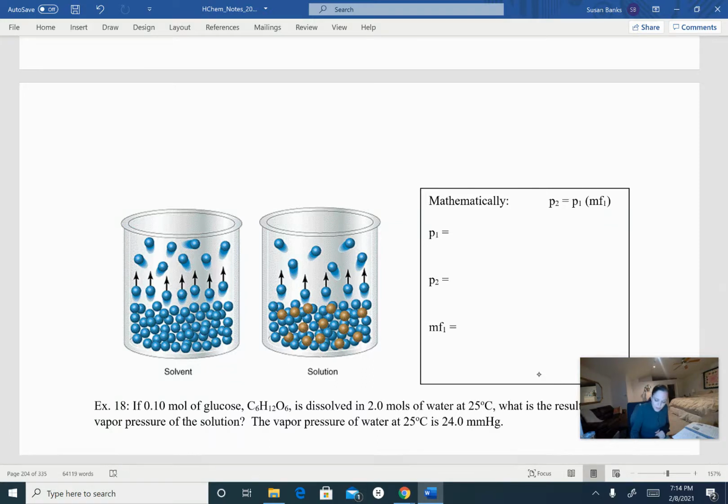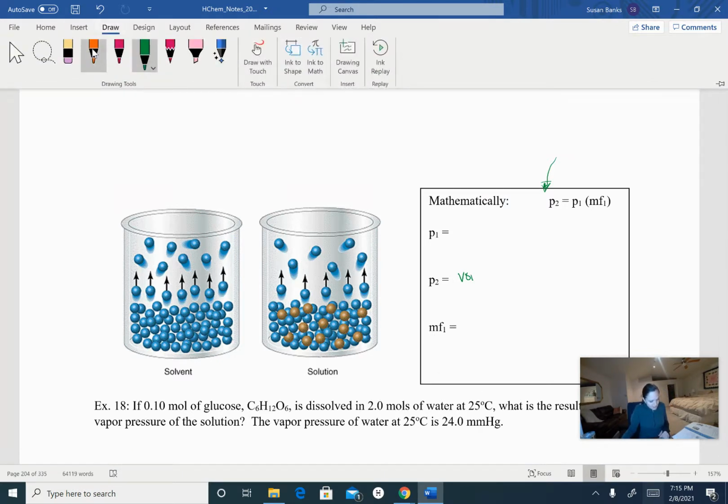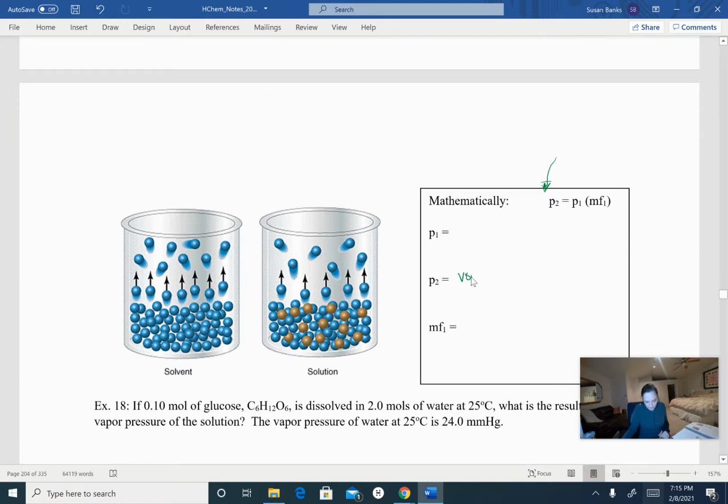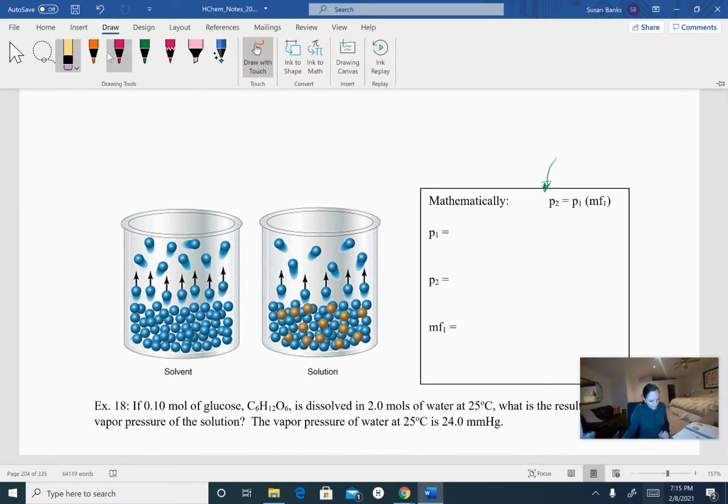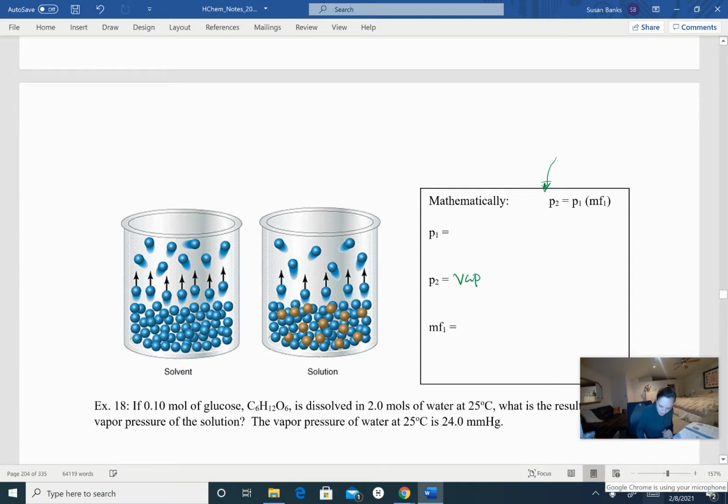So the vapor pressure that we would expect is P2. So this is the vapor pressure of the solution. And boy, I just don't want to write very well today. So let's try that again. Okay, vapor pressure of solution.